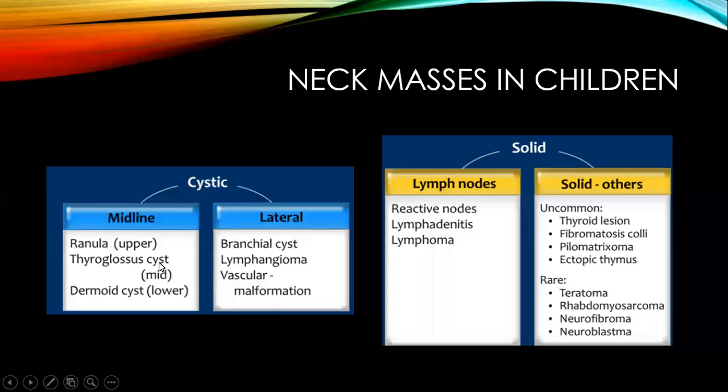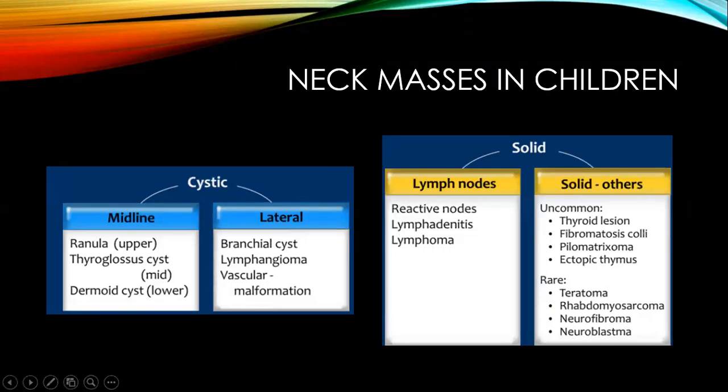Then we also have the thyroglossal cyst, which is the same as we talked about earlier on. Then on the lower part, we get the dermoid cyst. On the lateral side, we can also get the branchial cyst. We've talked about it earlier. We can also get lymphangiomas. We can also get vascular malformations.